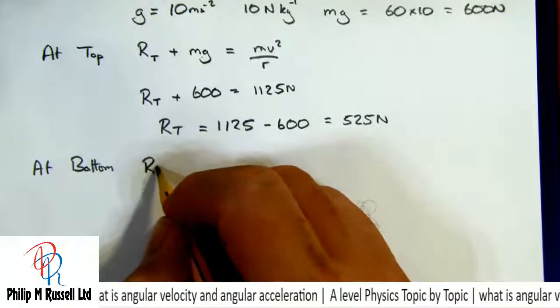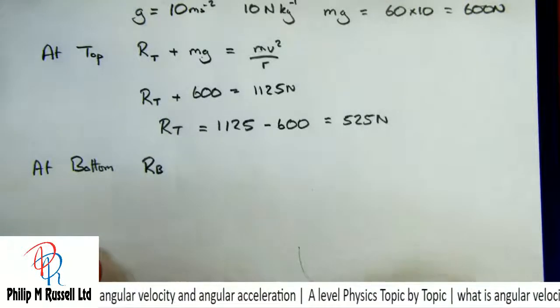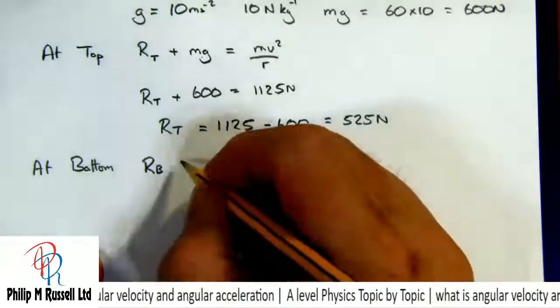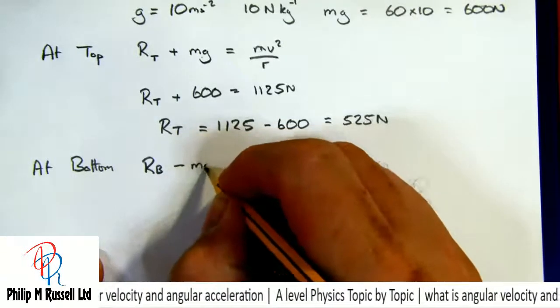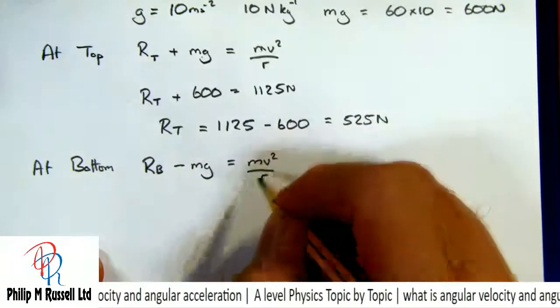Well, at the bottom we've got our RB for the bottom, and it's going to be RB minus mg equals mv squared over r.